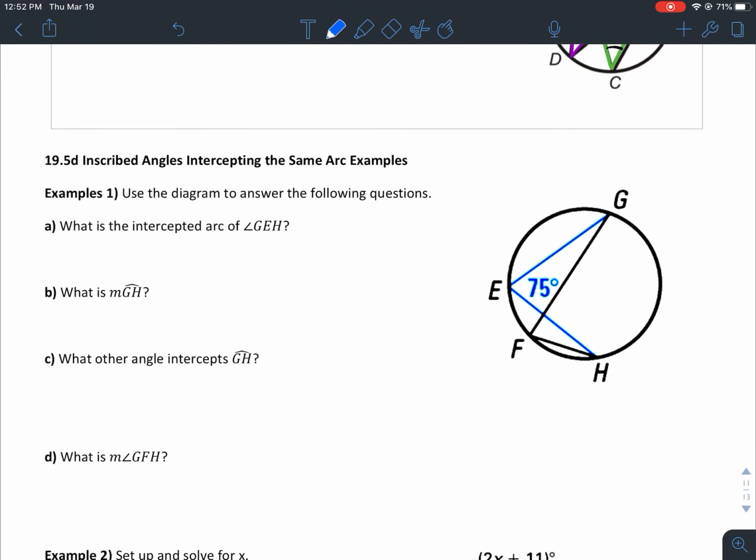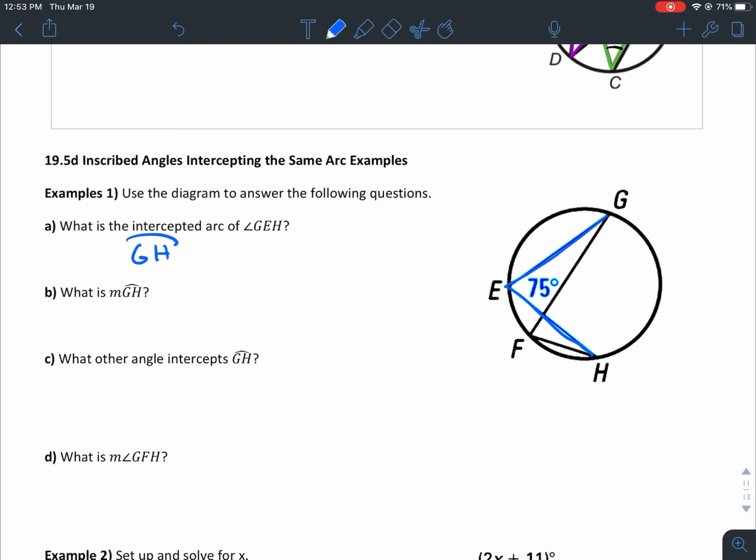So for example 1, it says use the diagram to answer the following questions. It says what is the intercepted arc of GEH? So if we look at angle GEH, that's this guy right here. The intercepted arc is GH. Then it asks, what is the measure of GH?